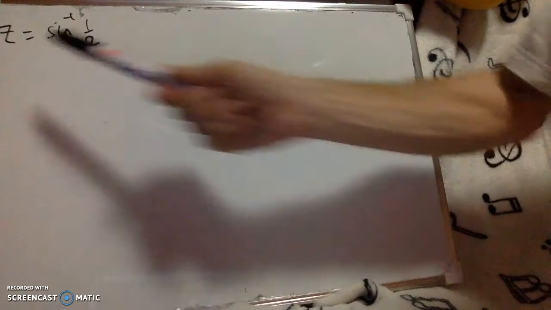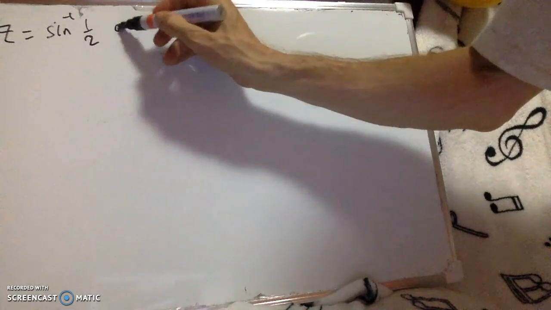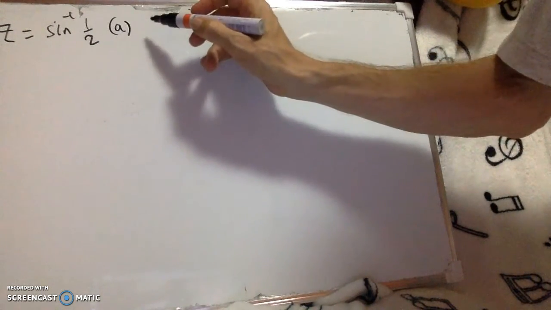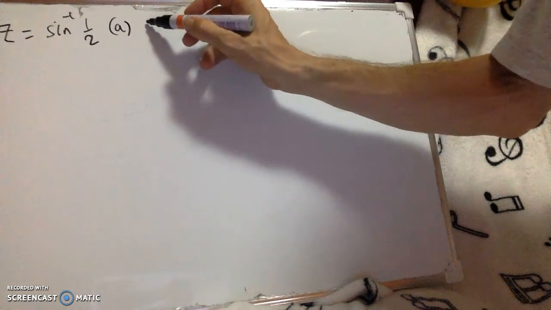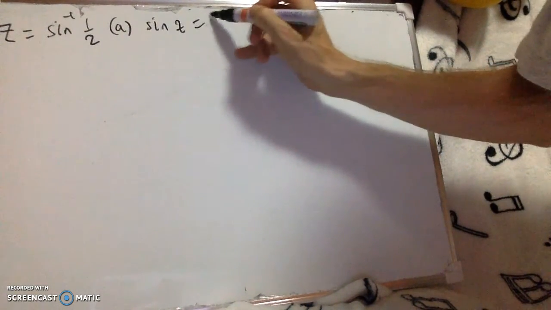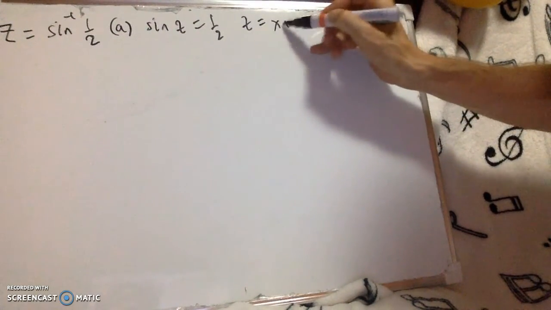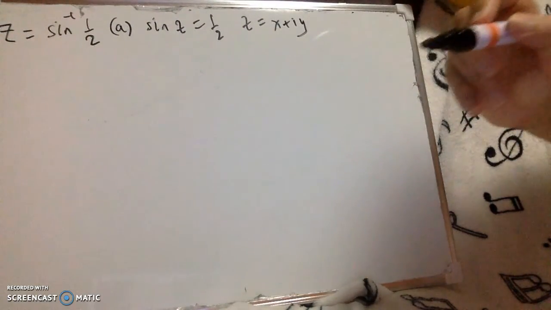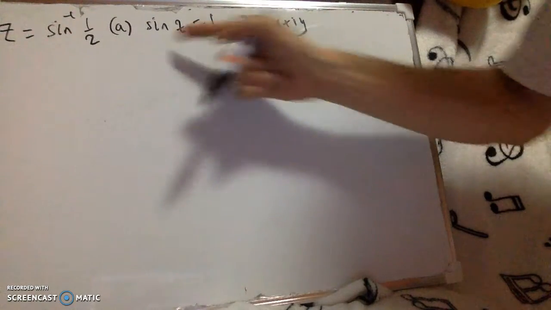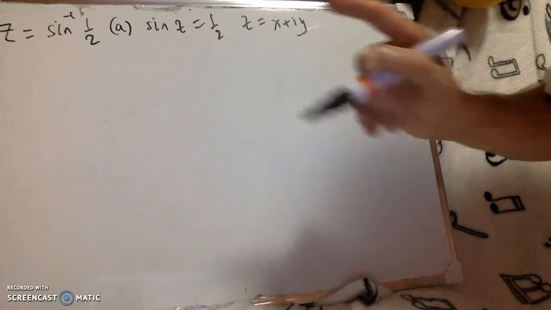So we're asked to find all possible values of inverse sine of a half using two different approaches. The first one is to write sine z equals a half, write z equals x plus iy, and then look at our formula sheet to see what sine z is if z is x plus iy.